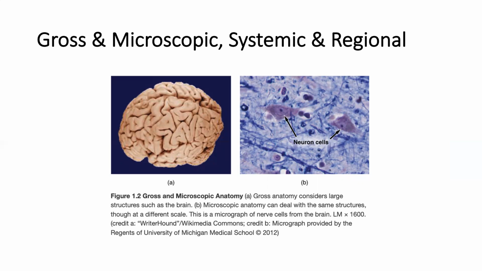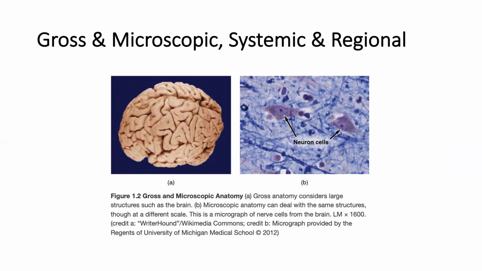If we want to look at neurons, a neuron is the basic functional unit of the nervous system, we have to use a microscope. We take a piece of brain tissue, prepare it, put it on the microscope and look at it. Therefore, this becomes microscopic anatomy.